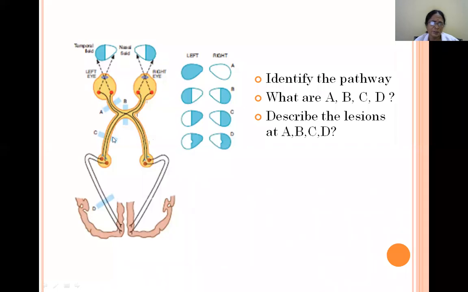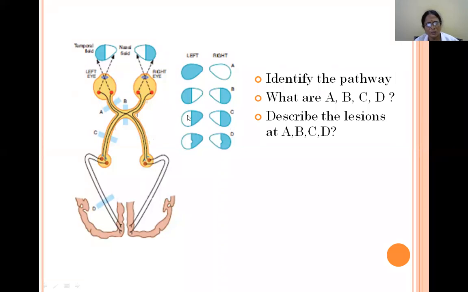And coming to this, the optic tract is cut. Then what's happening? Here, temporal fibers are lost from the right eye, and nasal fibers are lost from the left eye. See the picture clearly. Therefore, we are getting this sort of picture: nasal left eye, temporal right eye, homonymous hemianopia.